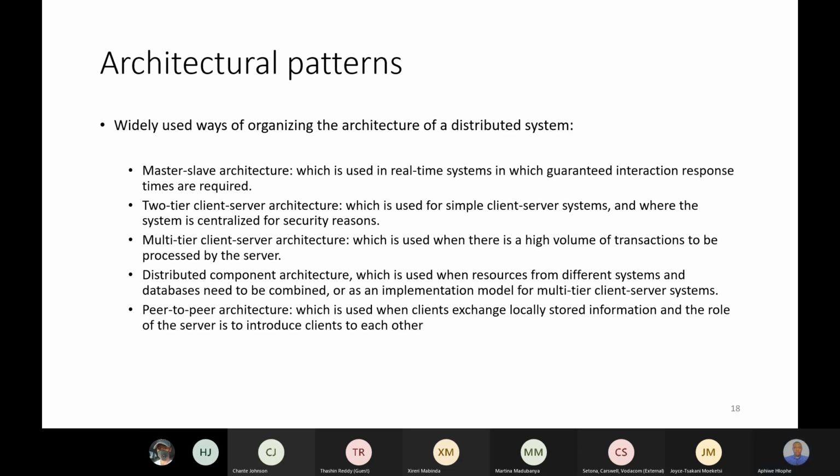So we have these different architectures that we can use to implement a distributed system. We have what we call the master-slave architecture, which is used in real-time systems in which guaranteed interaction response times are required. One such example would be a system used by an aeroplane, okay?